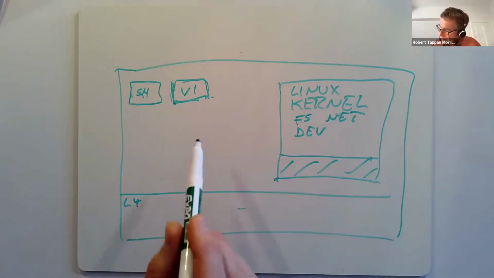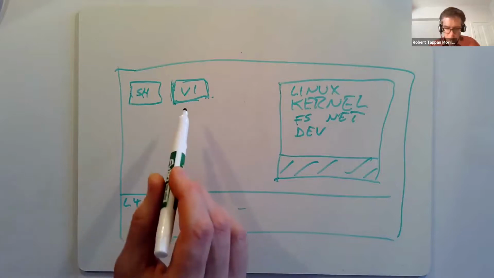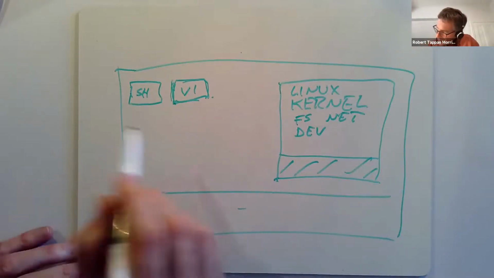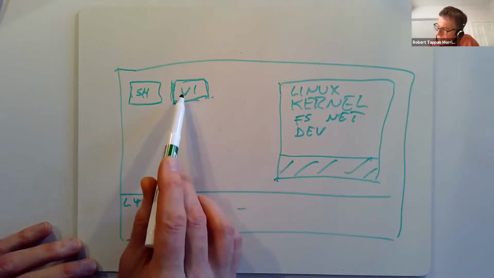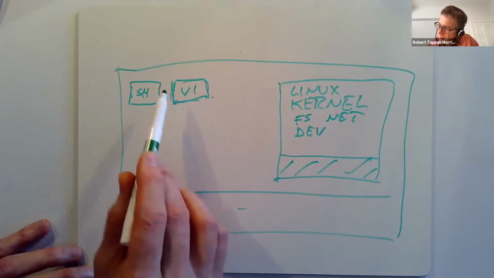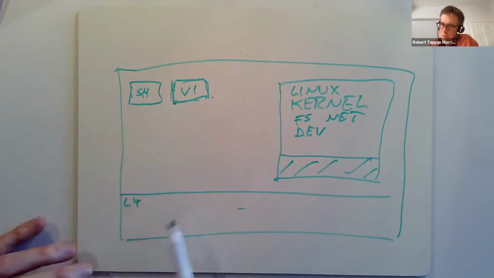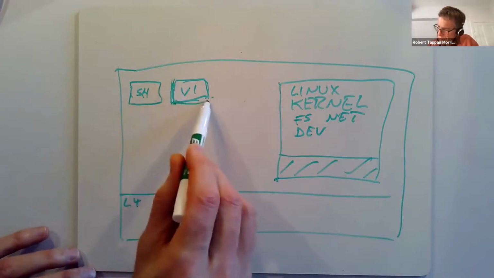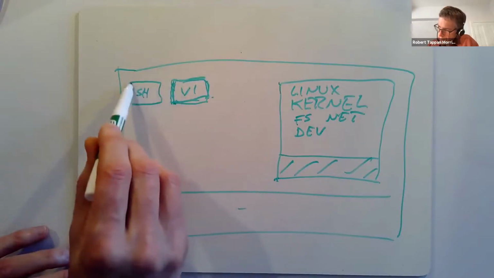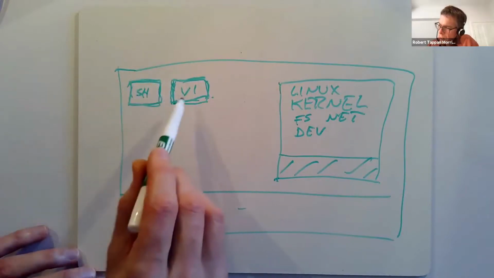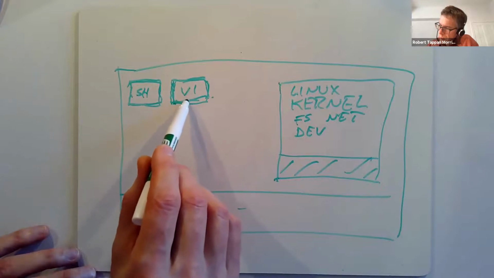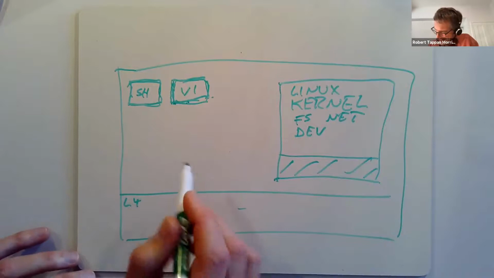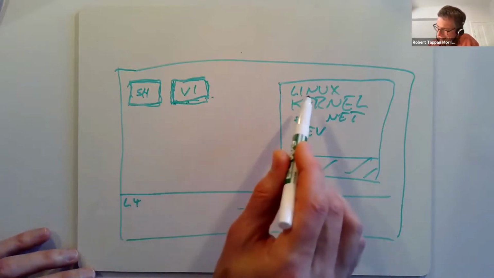Another thing that was changed, many small things were changed, but a specific thing of interest is that when VI wants to make a system call, VI doesn't know it's running on L4. In this scheme, all these programs just think of themselves as running on Linux. When VI wants to make a system call, it's not making an L4 system call, it's making a Linux system call.